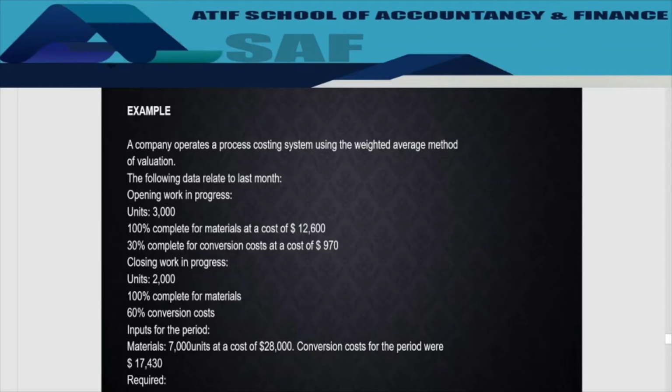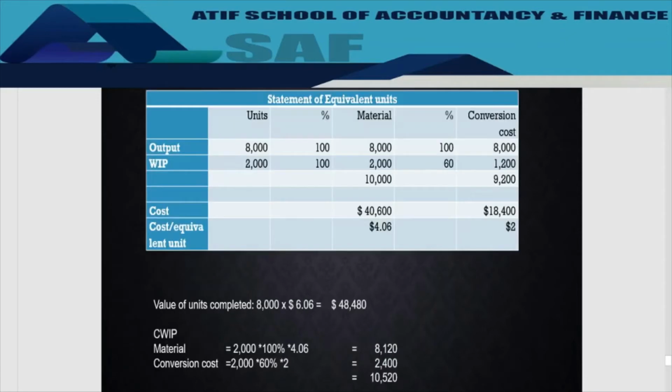To sum them up, you will get the total cost incurred, 28,000 plus 12,600, gives you 40,600 of total cost. Now this total cost would be divided by the total equivalent unit of material, $40,600 divided by 10,000 equivalent units, and you will get the cost per unit of material as $4.06 per unit.